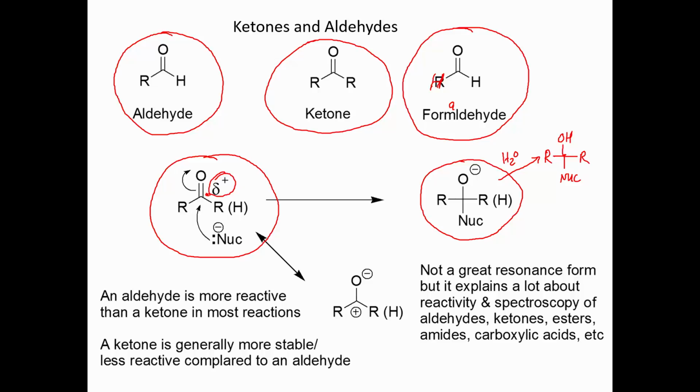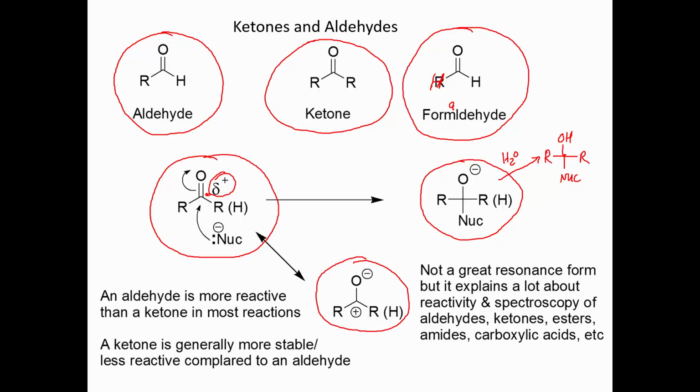Okay, a resonance structure that we can write for a carbonyl group. This is not usually what you think of as being a good resonance structure. It's this zwitterionic resonance structure here, where we put a positive charge at carbon and a negative charge at oxygen, and now we have a carbon-oxygen single bond.